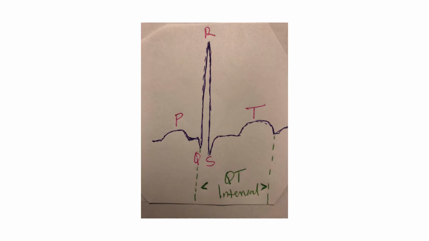Let me mark that. Okay, the J point should be here. And then this is the beginning of the T. So we are concerned about what is happening here. That is the ST segment right here.